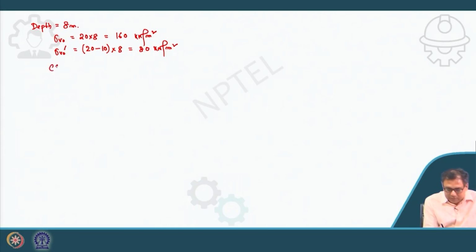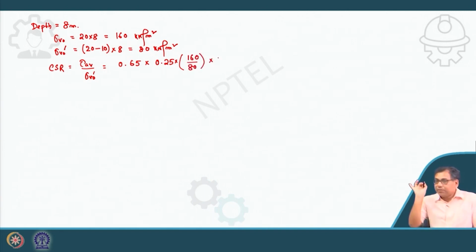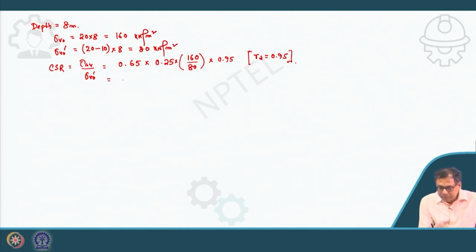So your CSR, or tau average divided by sigma V0 dash, is equal to 0.65 into 0.25 into 160 by 80, and for 8 meter rd is 0.95. I told initially it is 0.95 because your rd is equal to 0.95 for 8 meter. So it is coming out to be 0.31.